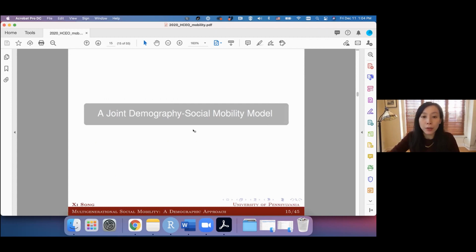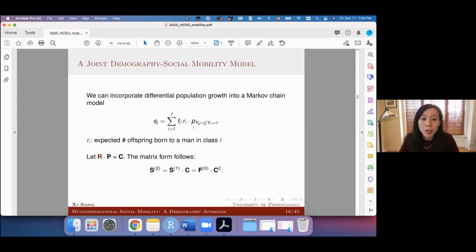So first, I will describe my model. I will begin with a very simple model. The only difference between this model and the traditional Markov chain model is that I add this term called the reproduction term, which I highlighted as the expected number of offspring born to a man in class i. So we are not just considering the probability distribution of the next generation, but also numbers.